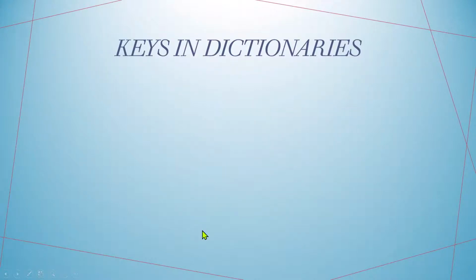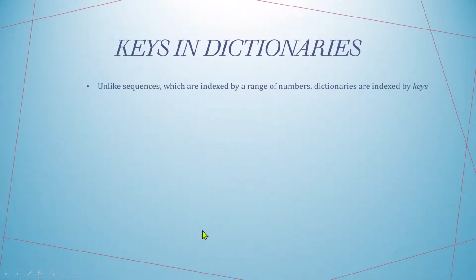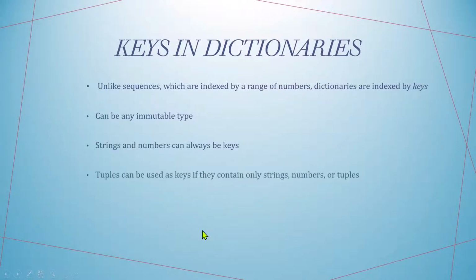To sum up then, with regard to keys in dictionaries, unlike sequences which are indexed by a range of numbers, dictionaries are indexed by keys. They can be of any immutable type. That's very important. Strings and numbers can be keys because they are immutable. Tuples can be used as keys as well, as long as they contain strings, numbers, or tuples.